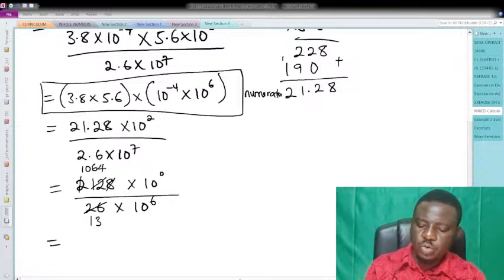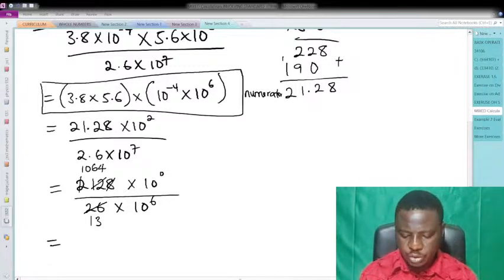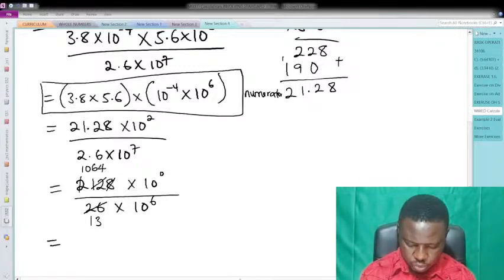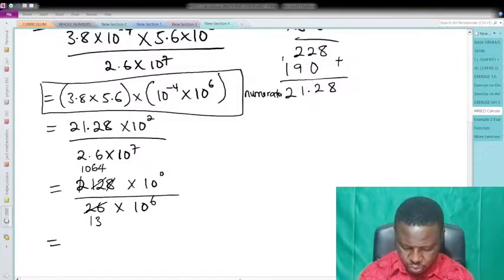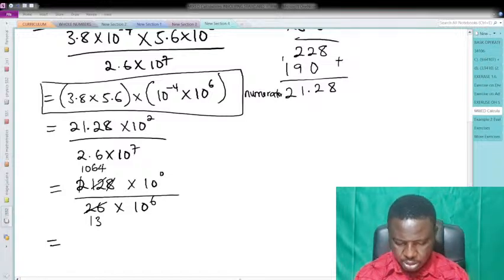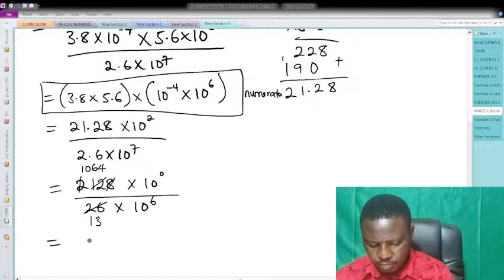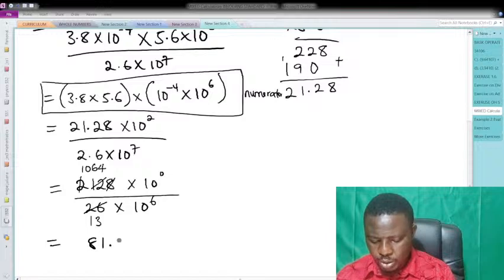So I was trying to simplify the numerator by the denominator, and I'm going to make use of my calculator. And I said 2128 divided by 26 is going to give us 81.85.